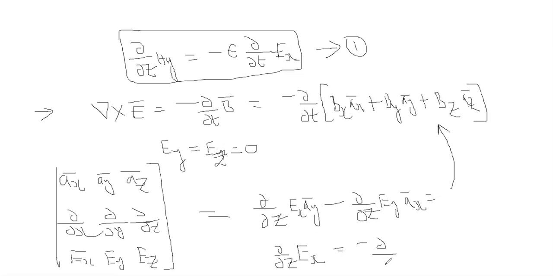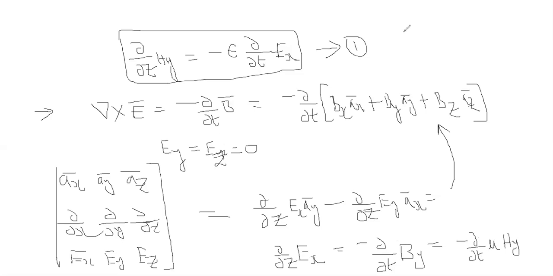And B in terms of mu and H: B is equal to mu into H, so minus dou by dou t of By is mu into Hy.